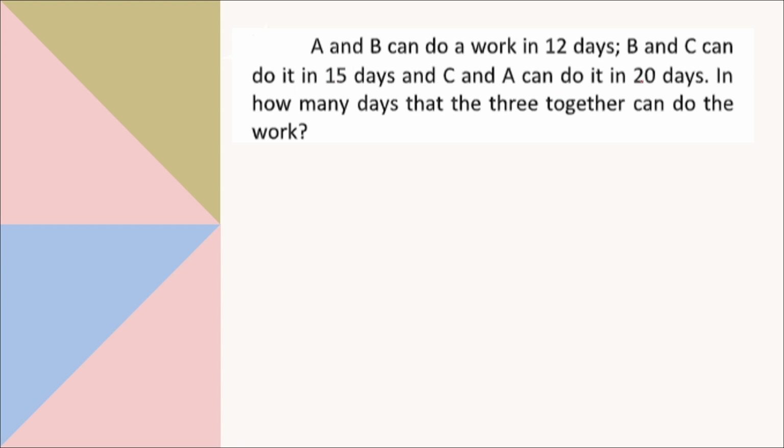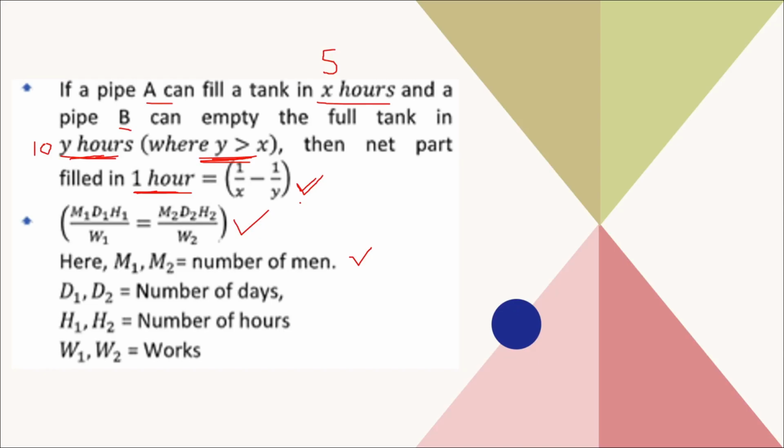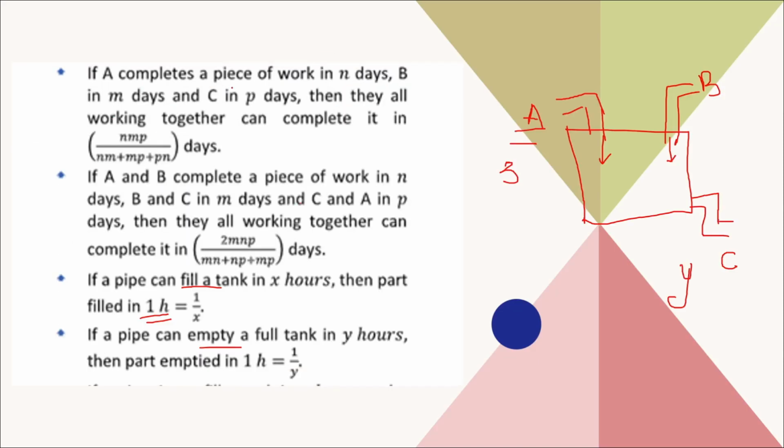C and A can do it in 20 days. In how many days can the three together do the work? Okay, if three of them are working together, right? So we have seen the formula for A and B, B and C. We have seen this formula, 2mnp upon. So this is the combination of all three of them working together, right?